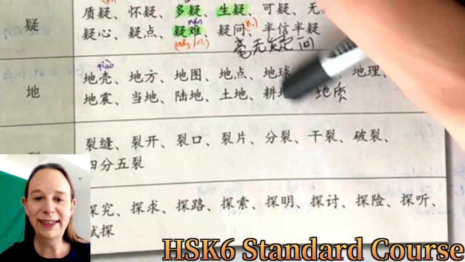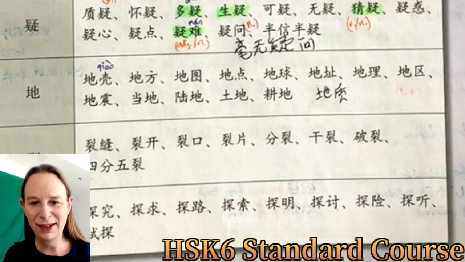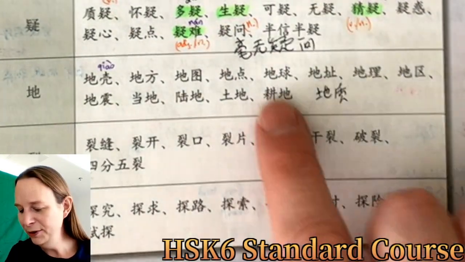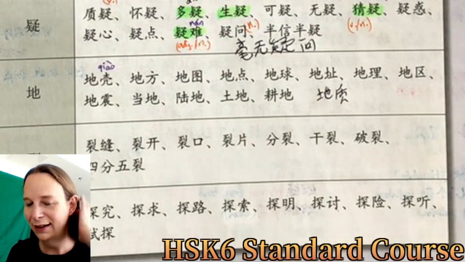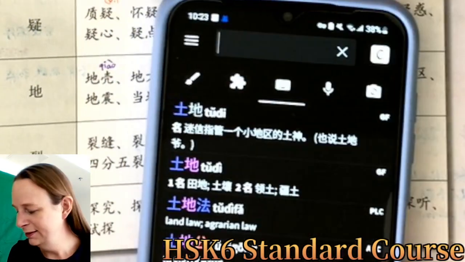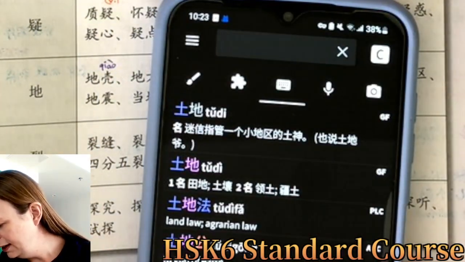Okay, 耕地, 耕耘的耕, right? Just means to till or to plow. 耕田, 耕耘, right?